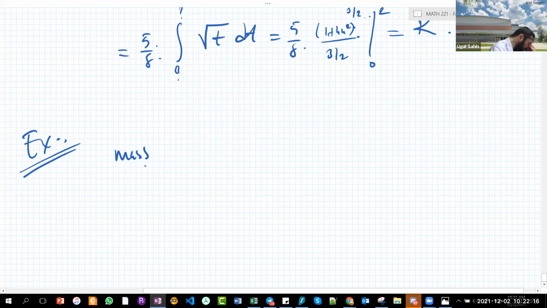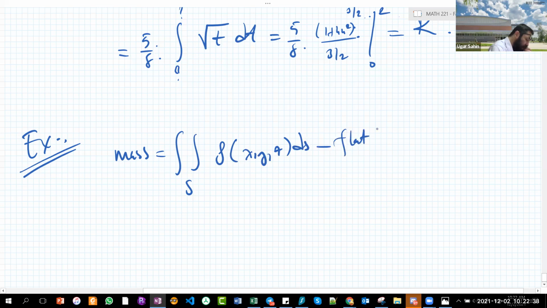Especially for the flat, there's an assumption actually when you do this surface integral. This is how you calculate the mass problems, guys. Look at that. This is for the flat thin material. You can calculate the mass.